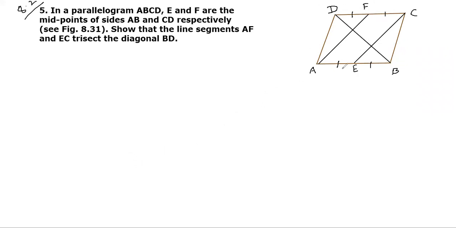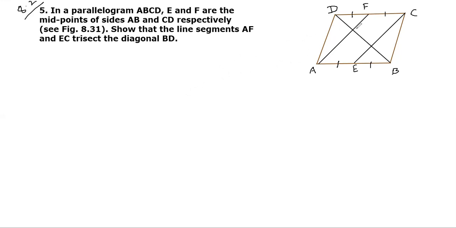These two opposite sides are equal, so we can use the same symbol to show them equal, because AB is equal to CD. Show that the line segments AF and EC trisect the diagonal.